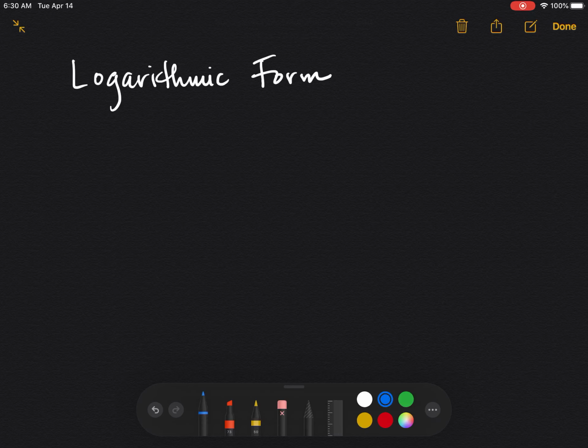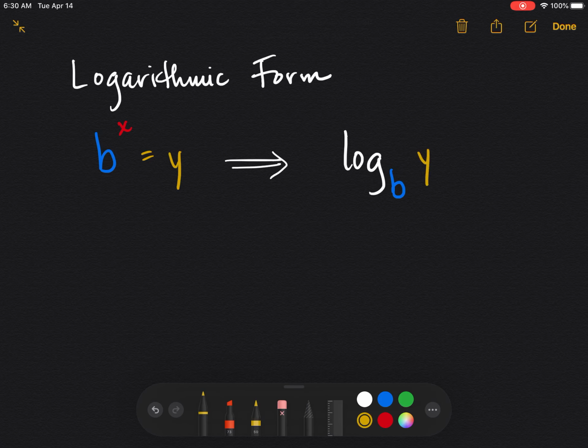So you guys are used to saying that b is the base, right? X is the exponent, and b to the x power equals something, right? So when we change that into log form, the way that we're writing it is we write our base down here, log base b of y equals x.